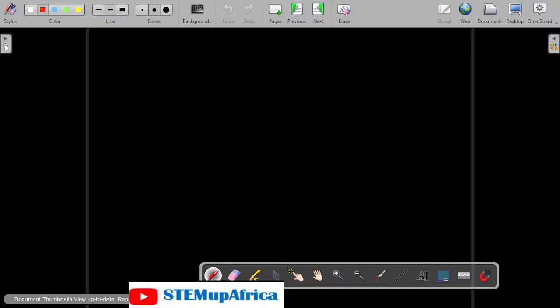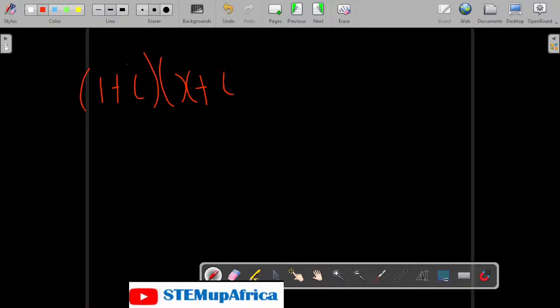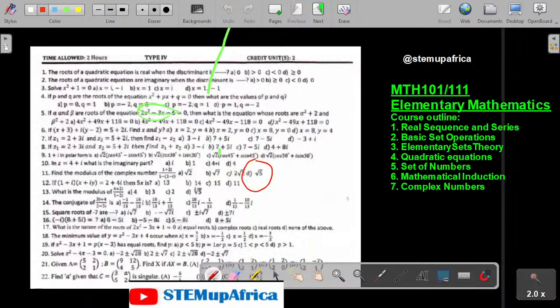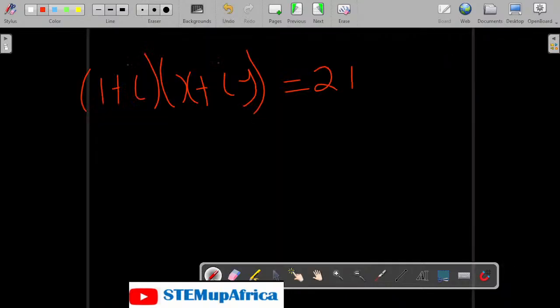We're going to have 1 plus i times x plus iy is equal to 2 plus 4i. We are asked to find 5x.